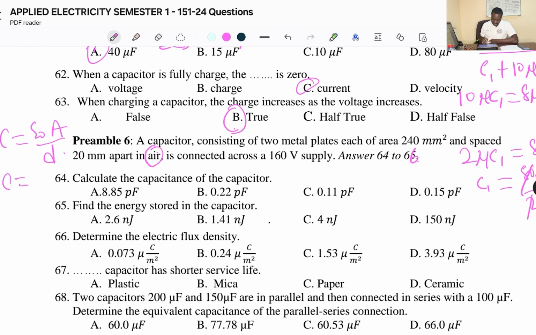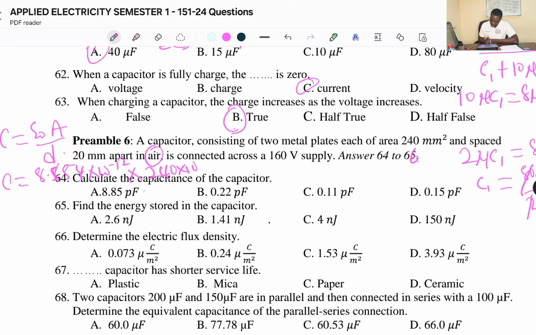The permittivity of free space is a constant value, which is 8.854 times 10 to the power minus 12, right? Then you multiply this by area. The area is given as 240 millimeters square, right? That's the area of one plate.